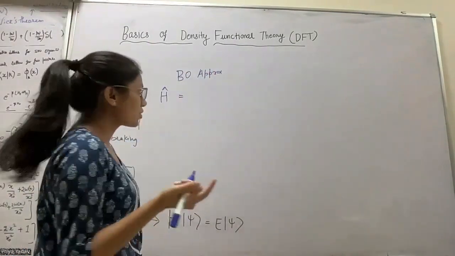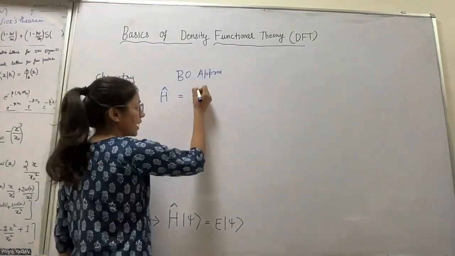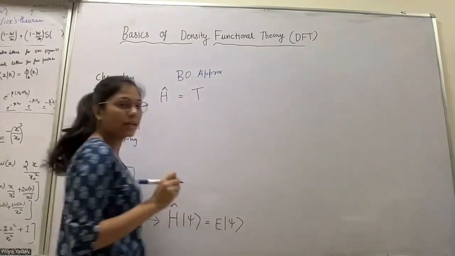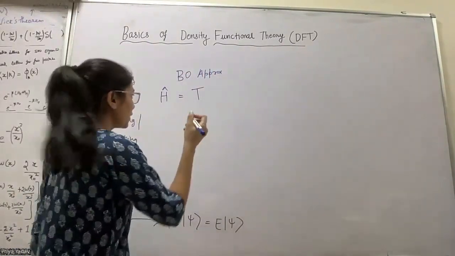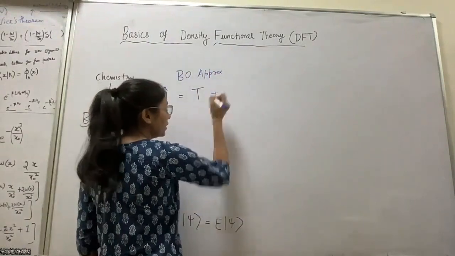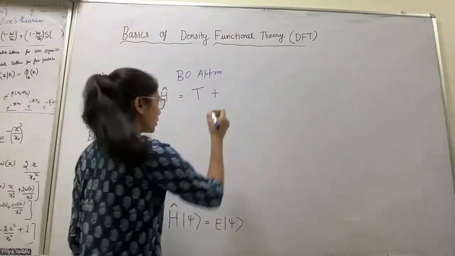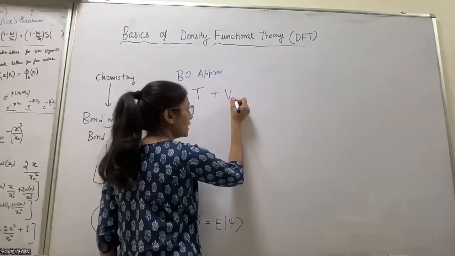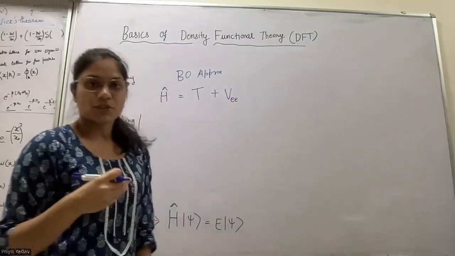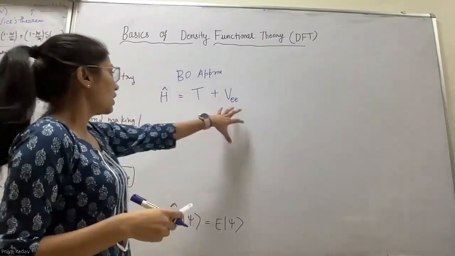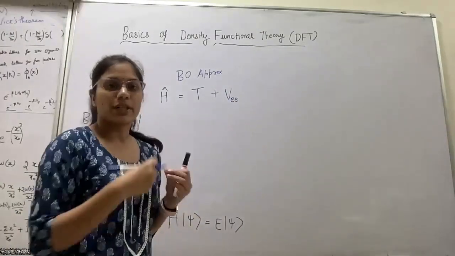What it will consist of is the kinetic energy, which I'm representing by T, so the kinetic energy of electrons, and the electron repulsion, which is the potential energy written as VEE. And the other one is the electron nuclear interaction.